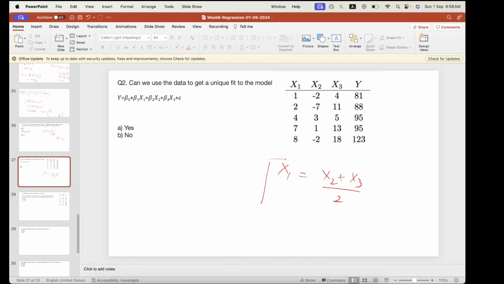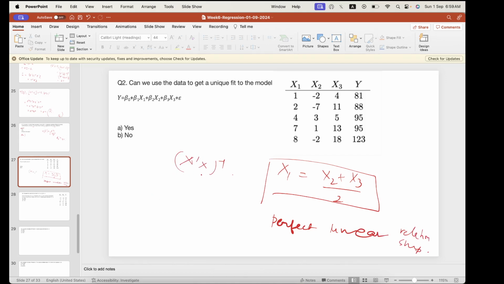So this is a perfect linear relationship. Therefore, we won't be able to find X prime X inverse, and therefore we won't be able to get a unique fit. So the answer is no, B.